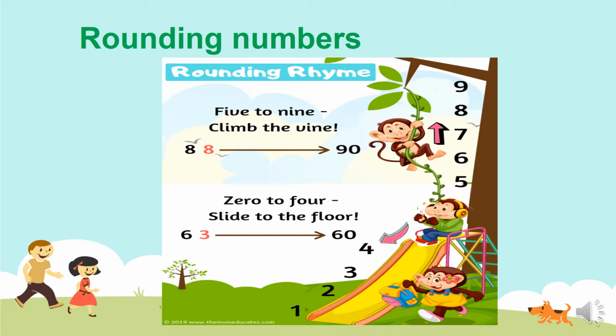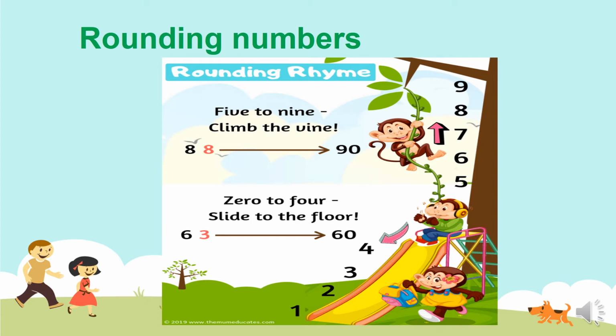In our example, the number is 88. The number in the ones place is 8. Since 8 is greater than 5, we round 88 to the bigger 10. It becomes 90.